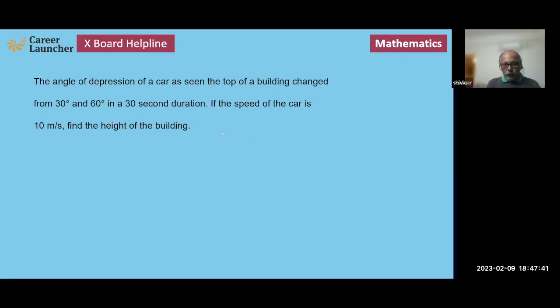तो figure draw करो आप. Let's say this is the building. Let's say you are at this point, and when you're looking at this car out here, let's say this car was at this point and then moved to, okay?